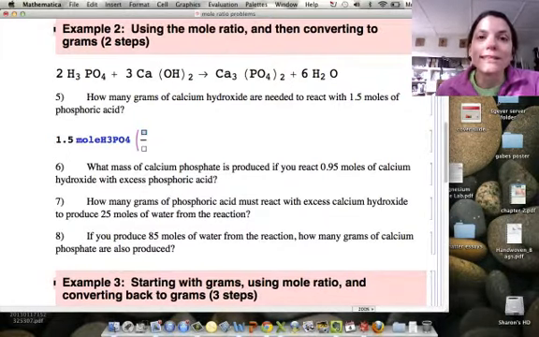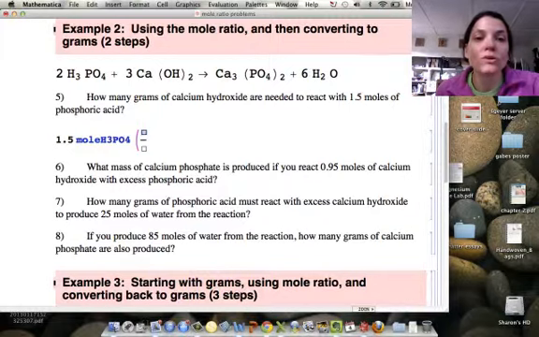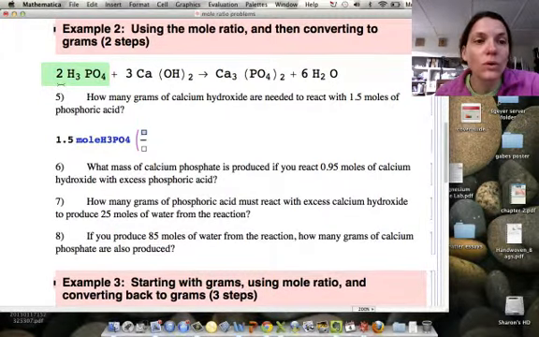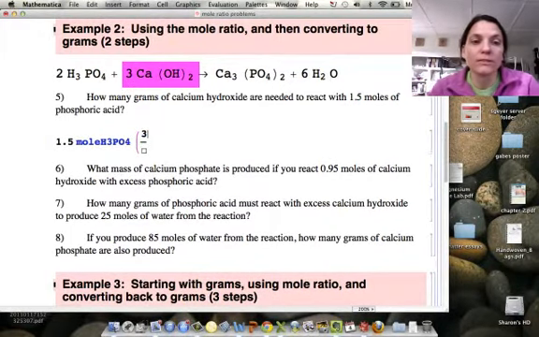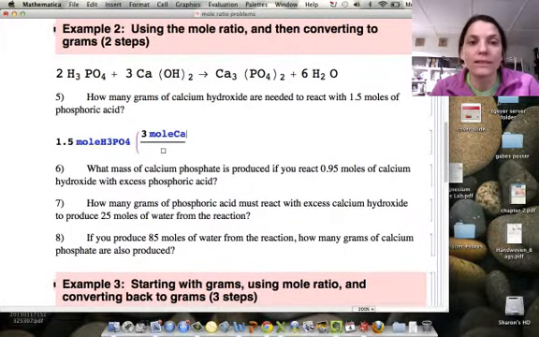So again, we need to cancel out what we start with, and we want the numerator to include what we're trying to find. So we're starting with moles, so we're going to go straight to the mole ratio step. So if you look at the balanced equation, it's 2 moles of H3PO4 to every 3 moles of calcium hydroxide. So we're looking for calcium hydroxide, so I'm going to put that on the top.